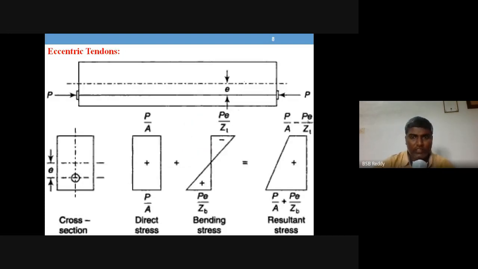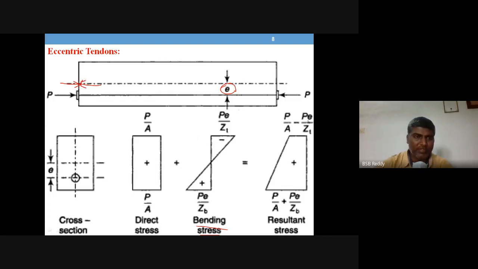If the tendon is given some eccentricity, then the bending stresses also will come into picture. The reason is that we will transfer this load to the center by a mechanism called load transmission.